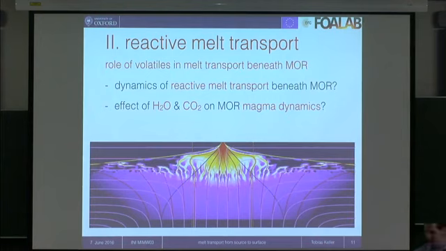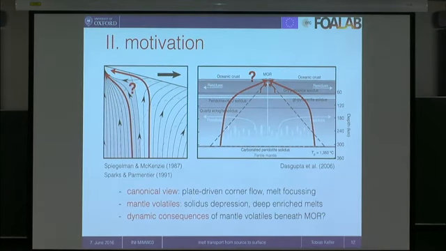In particular, we're interested in what the effect of water and CO2 is on the magma dynamics beneath the mid-ocean ridge. To quickly introduce and motivate this, from experiments we know that both water and carbon dioxide depress the solidus of peridotite melting beneath mid-ocean ridges by quite a dramatic amount, from about 70 kilometers all the way down to a couple of hundred kilometers potentially.